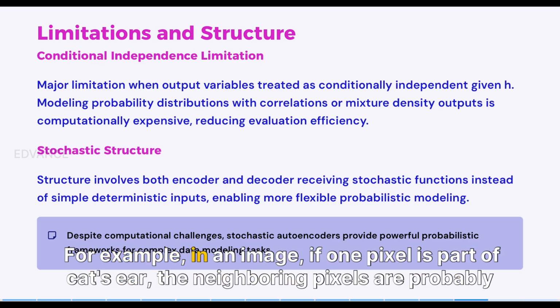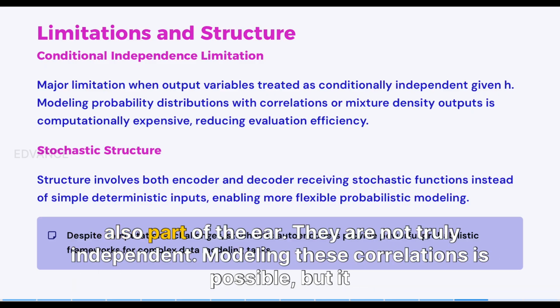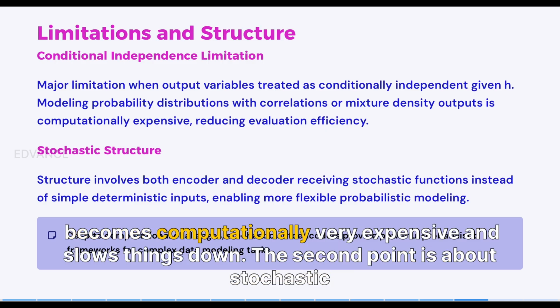For example, in an image, if one pixel is part of a cat's ear, the neighboring pixels are probably also part of the ear. They are not truly independent. Modeling these correlations is possible, but it becomes computationally very expensive and slows things down.